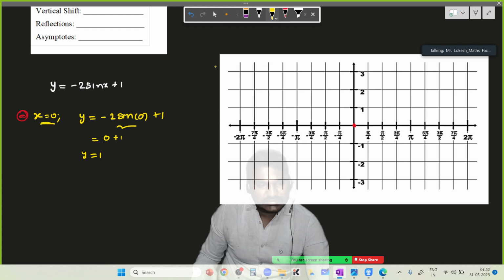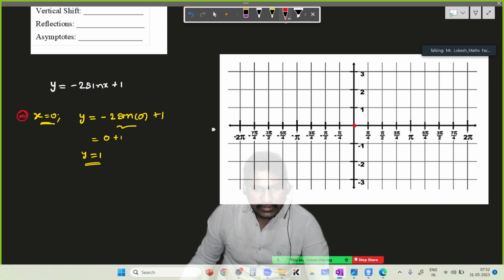So at x is equal to 0, the value of y is 1. So here the function will be positive 1. Okay, I'm just highlighting the point here.